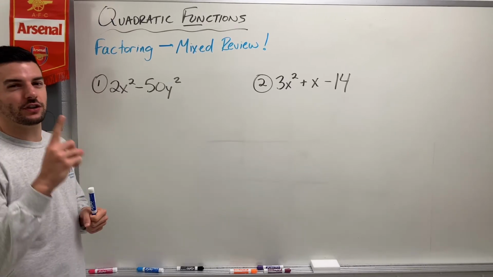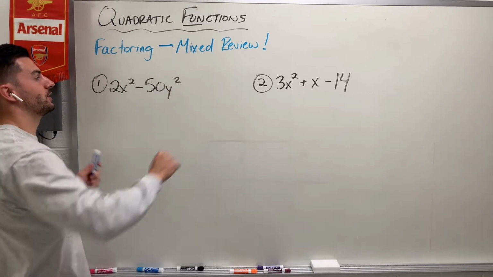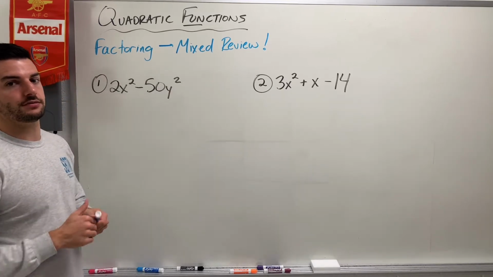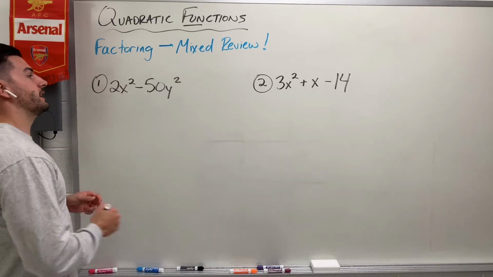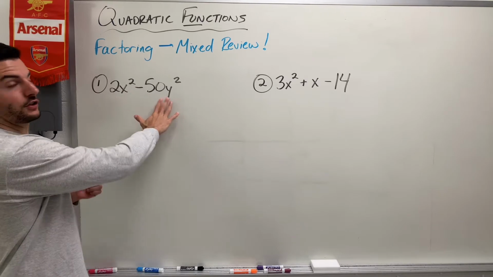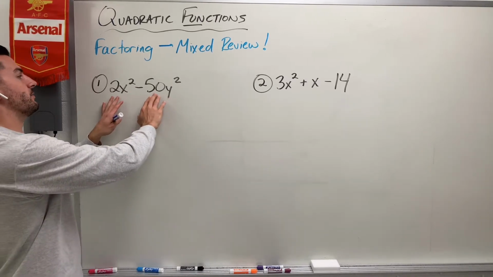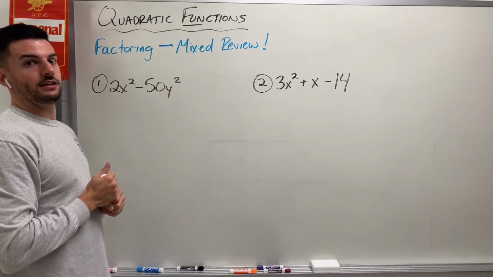So again, first thing you should look for in a group, no matter what size it is or how many terms, you look for a GCF, okay? And there can be a GCF if the terms contain the same variable, or if the terms contain a similar factor within the coefficients.